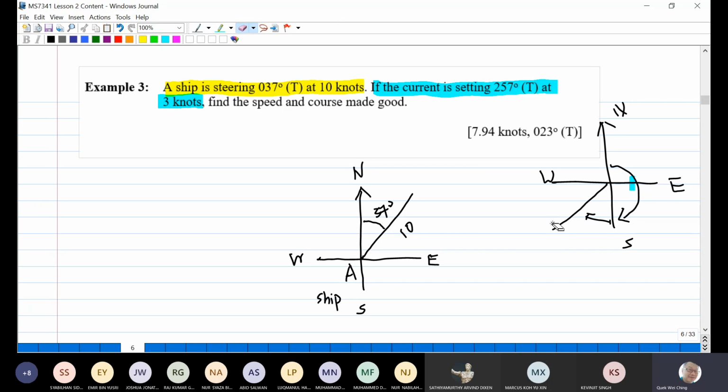It's a small angle here because you need 270. So this is 13 degrees here. 270 minus 13, you get 257. This is the direction, and the current is 3 knots.